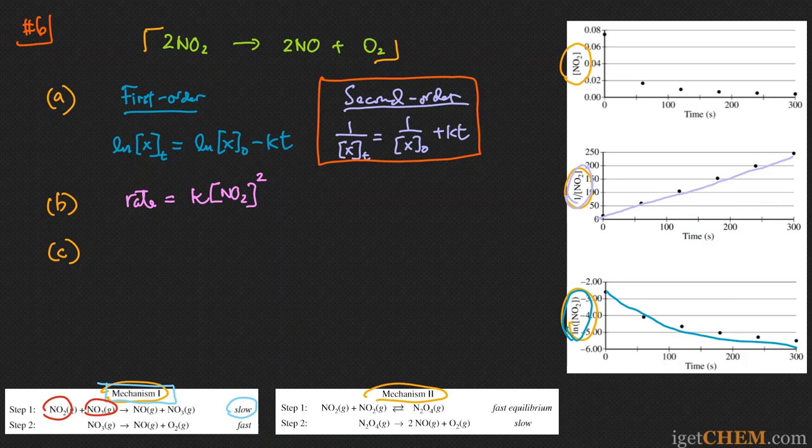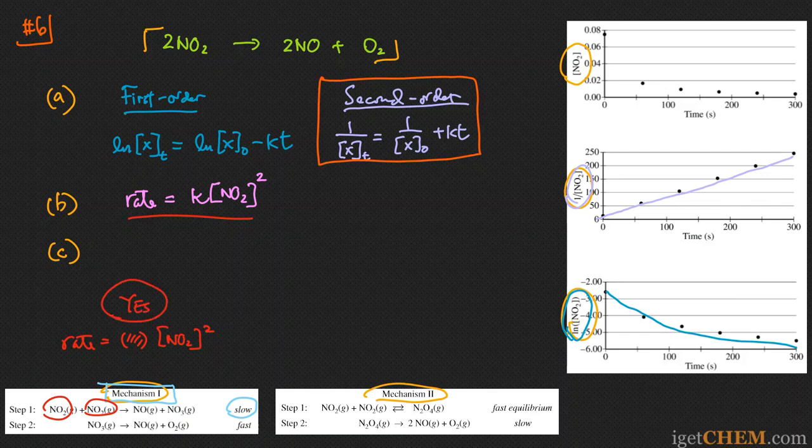So the rate law for mechanism 1 is the rate should be some rate constant multiplied by the NO2 concentration squared. So what that means is that that mechanism is in fact consistent with the observed rate law, because we expect it to be a second order reaction.